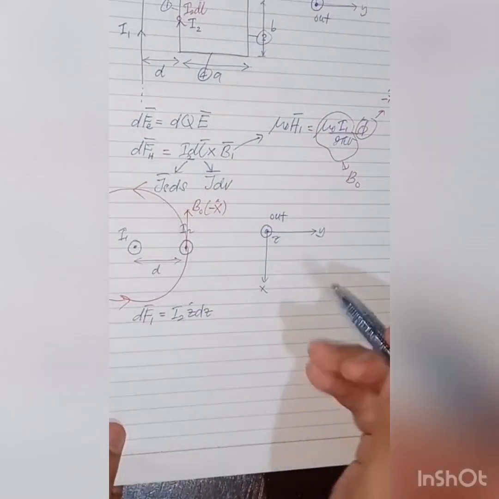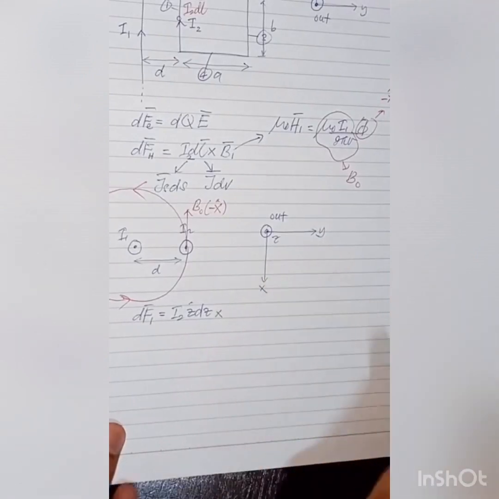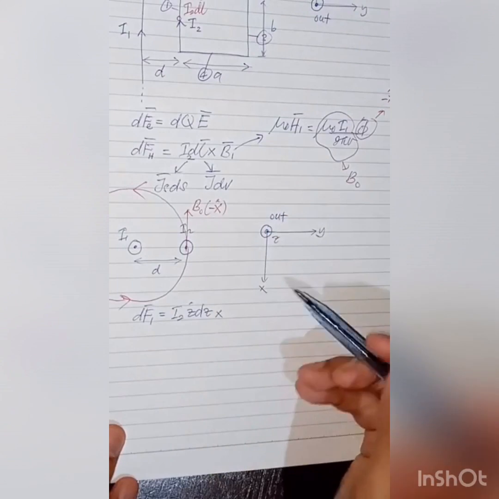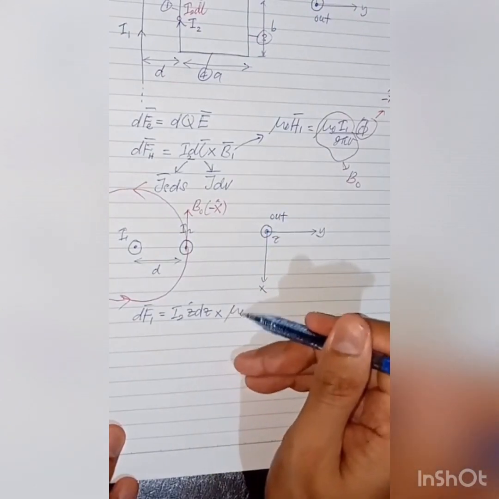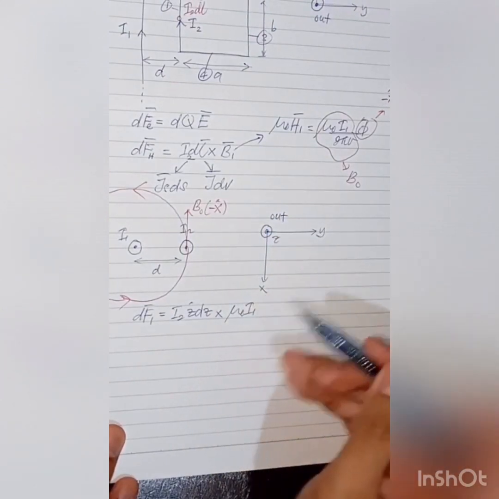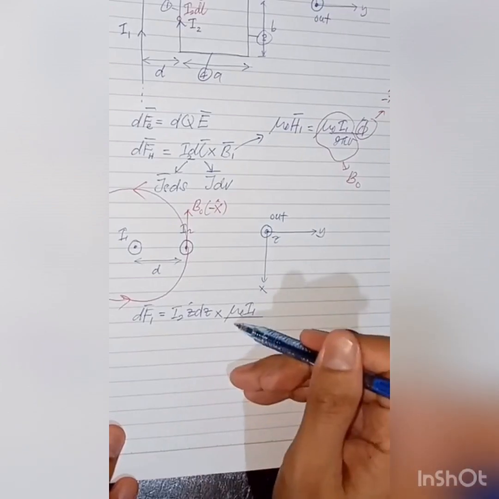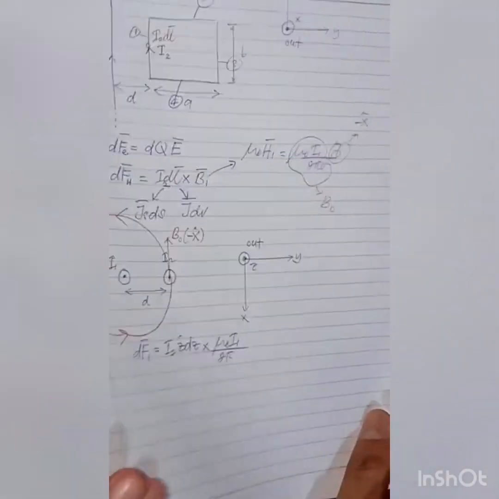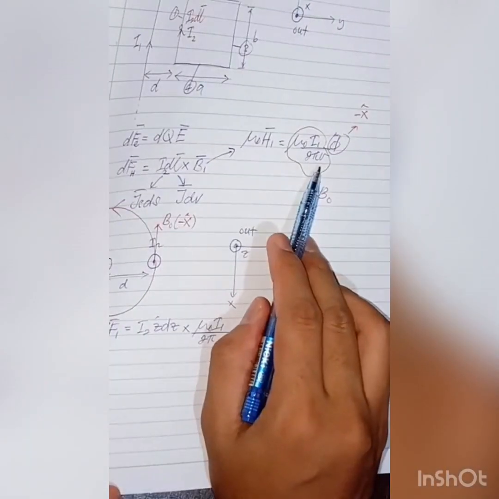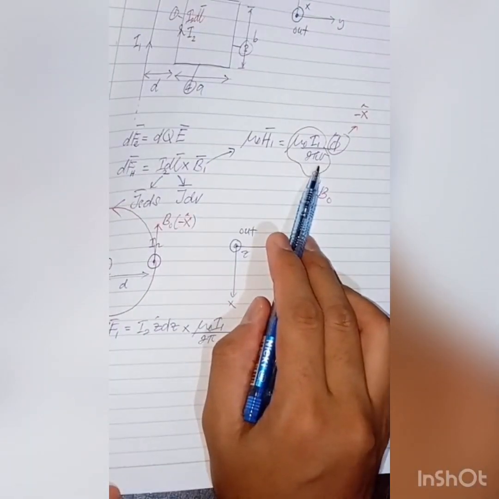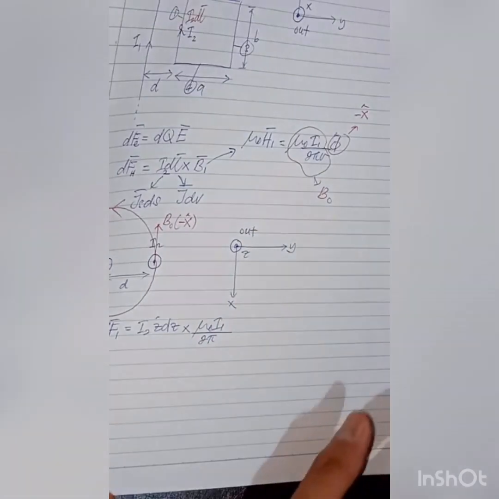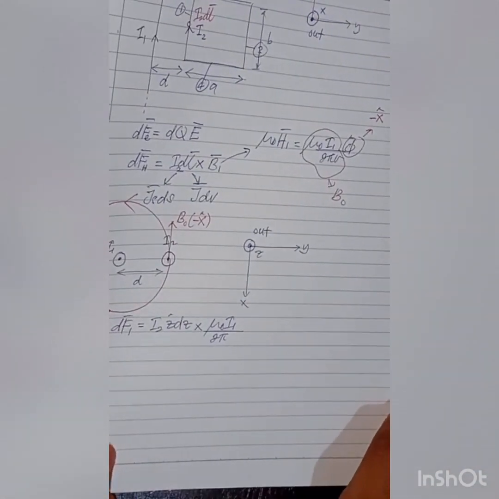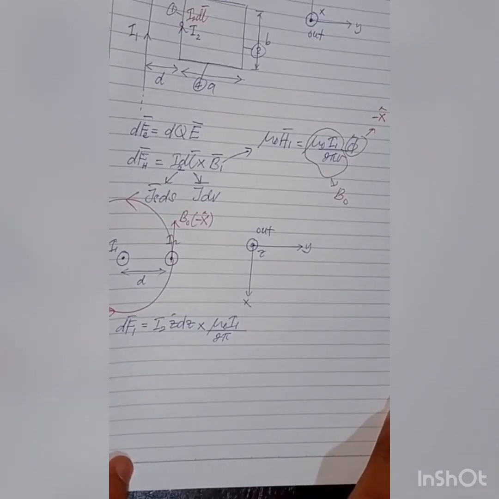Okay, and then cross our B field that we obtained earlier, shown up here, so that's our B field. So put inside your mu naught I1 over 2 pi r. Okay guys, the r here means the distance measured perpendicular from the source of the H field to the point of interest, or to your sample or current element.